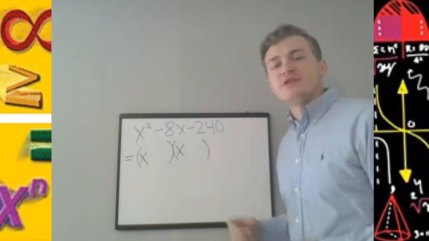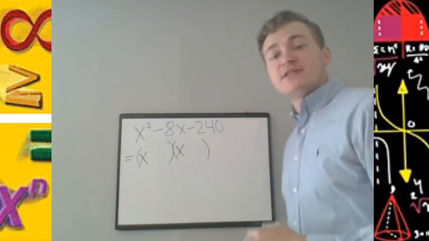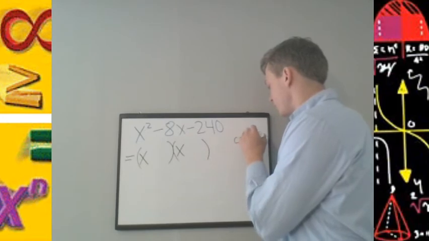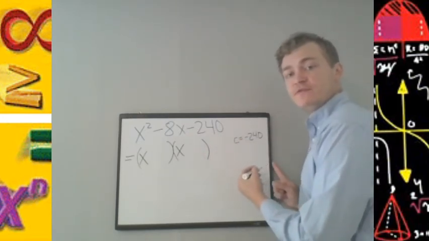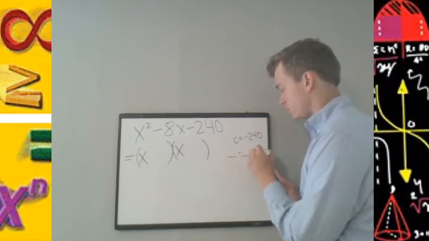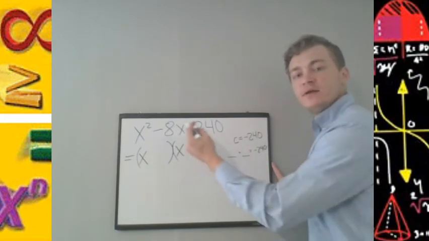We ask ourselves the question, what two integers will multiply to give us negative 240, but at the same time will combine to give us negative 8?